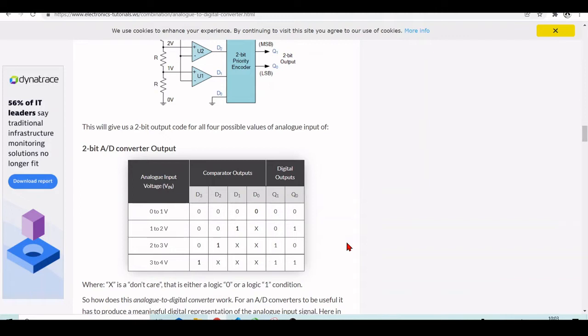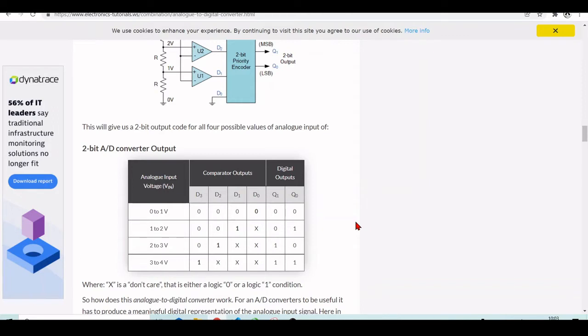One thing to have in mind is that we could have a range that is only positive, like in this case. With 2 bits, we would go from 0 to 4 volts. But if we have negative values from minus 2 to 2, then things are a bit different, and we have different ways to represent negative numbers using bits.